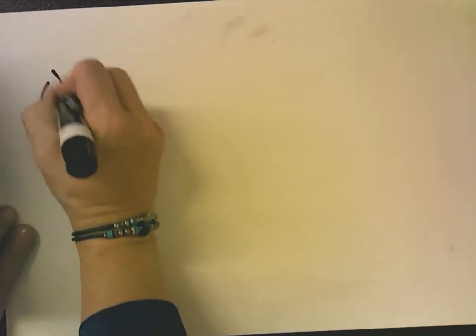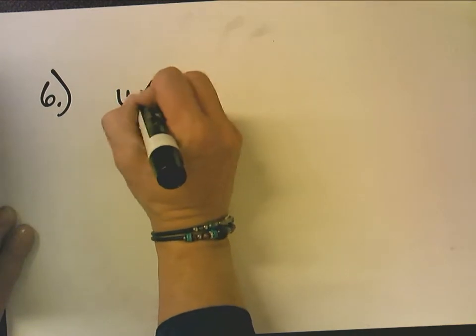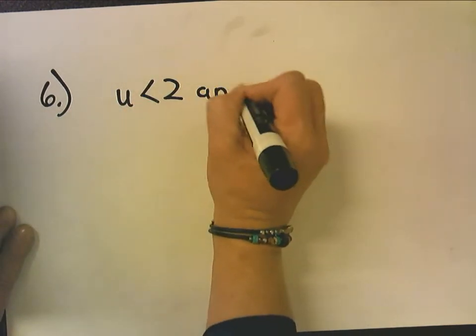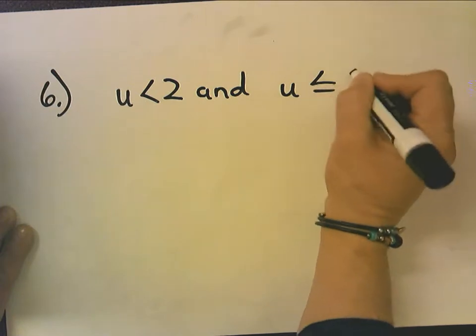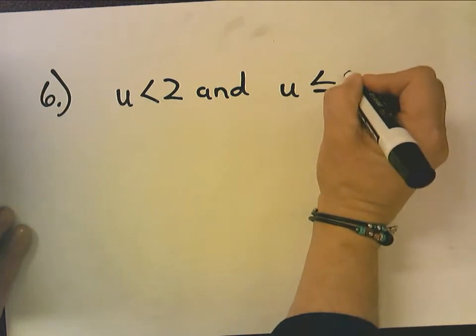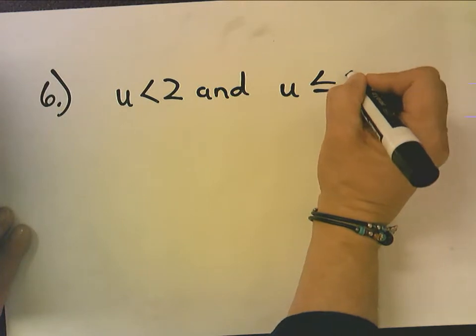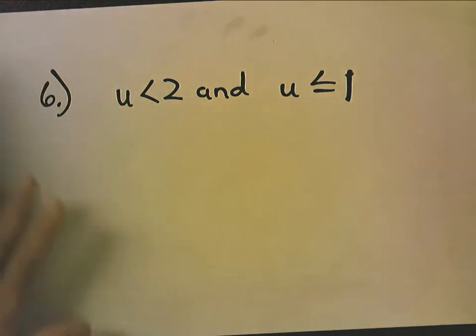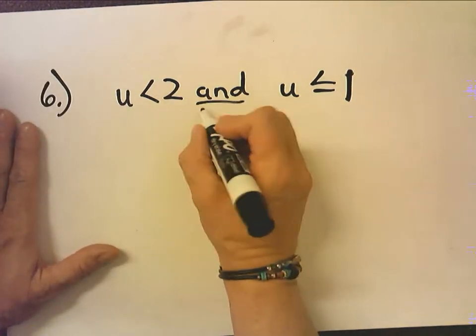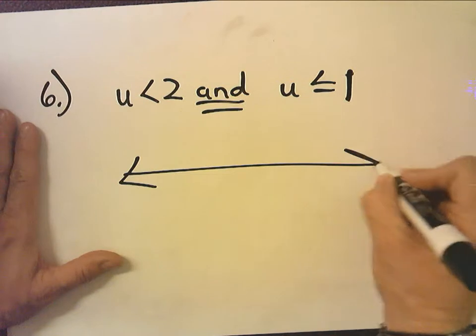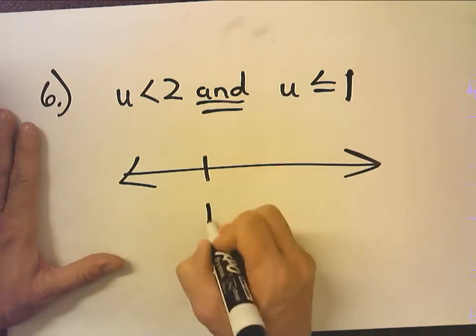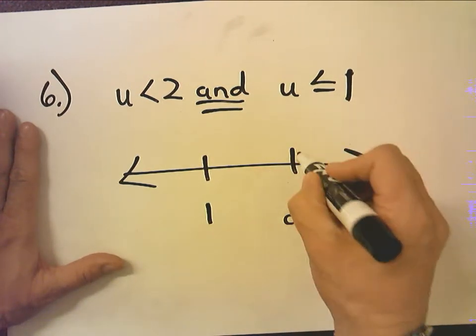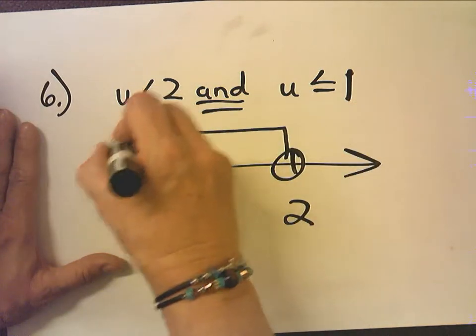Okay. Now, number 6. We have u is less than 2 and u is less than or equal to 1. I can't read my writing on that. Okay. So, in this case, again, it's where it overlaps. Here is 1, here is 2. If something is less than 2, there it is.